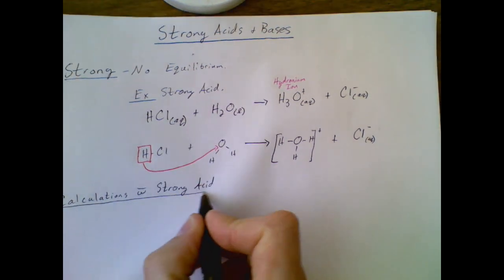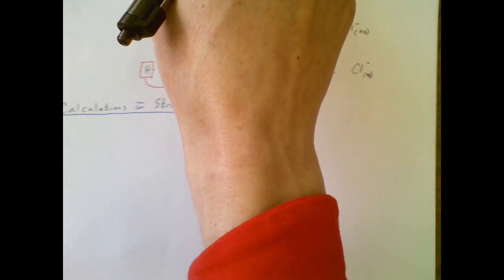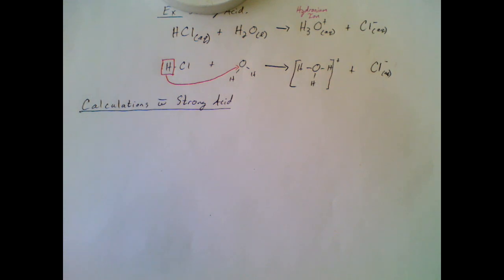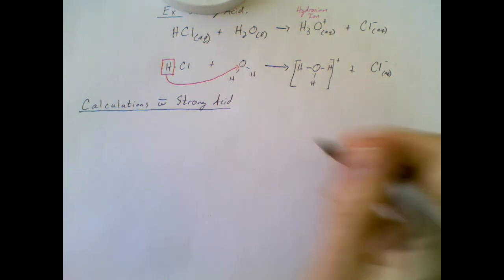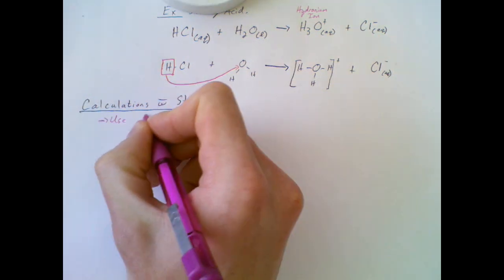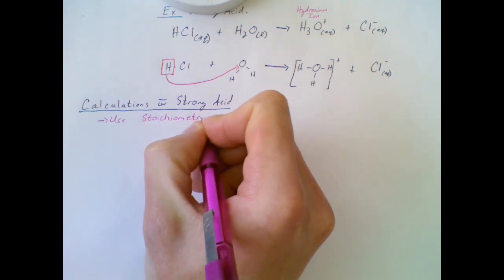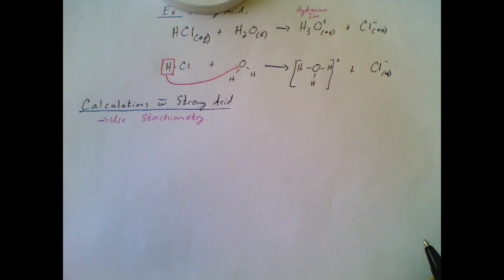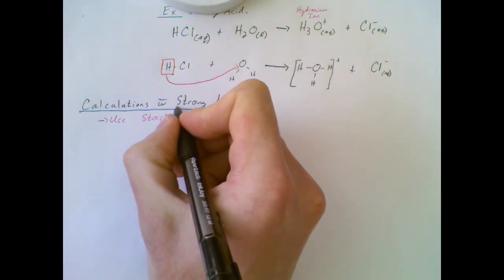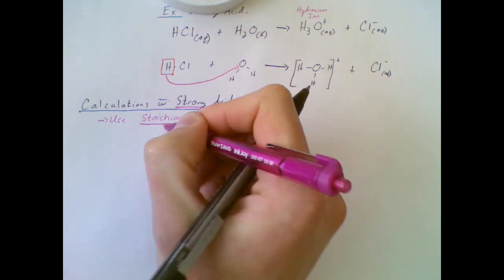Whenever we have a strong acid, because there is no equilibrium, then all we have to do is use stoichiometry. That's really the key when it comes to working with strong acids. Because they are strong, use stoich. Strong, use stoich.